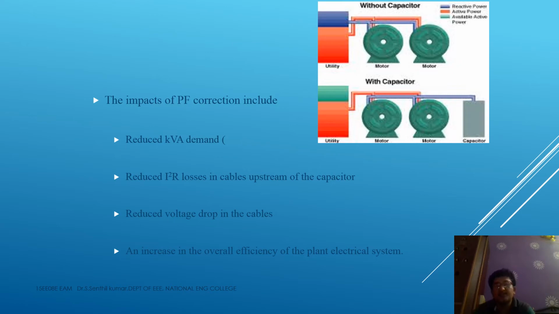Without the capacitor, the power factor is low, and if we connect the capacitor in parallel as shown in the figure, it is going to improve the power factor, and the overall efficiency of the plant is also improved.